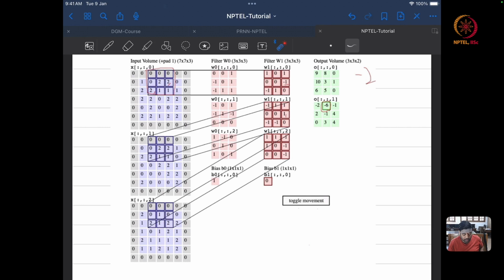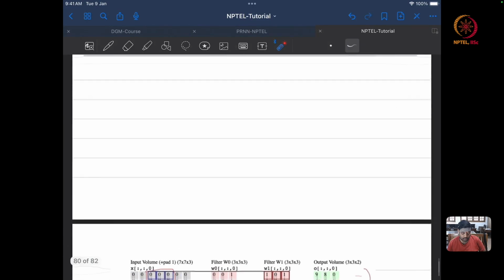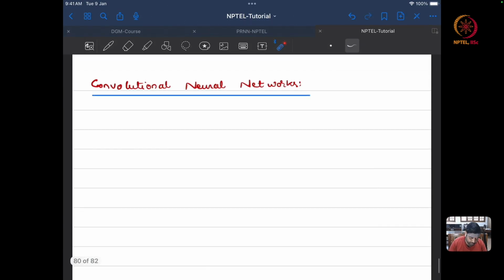Now your input image is 5 cross 5 cross 3. Let's represent the input to this convolution operation as h in height, w in width, into d in.